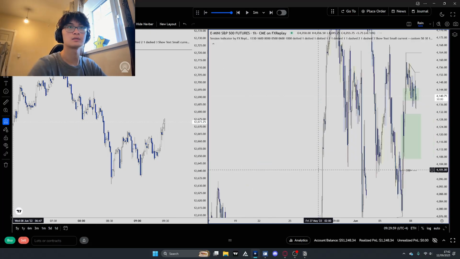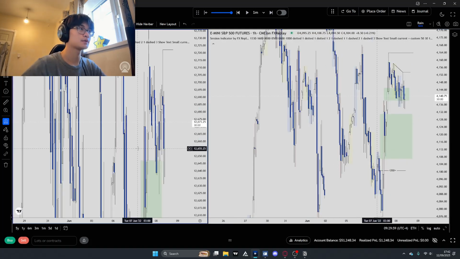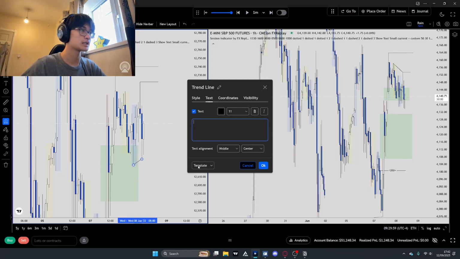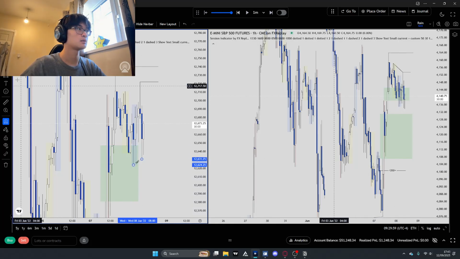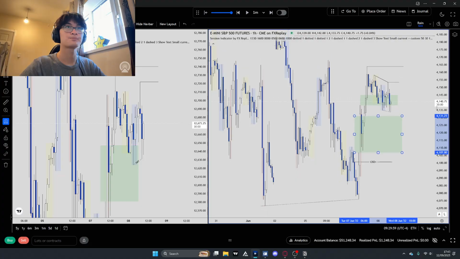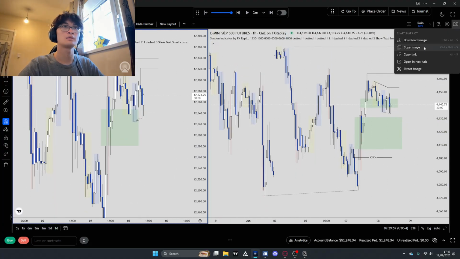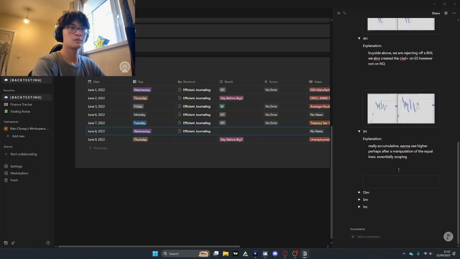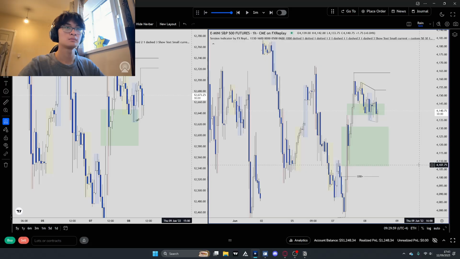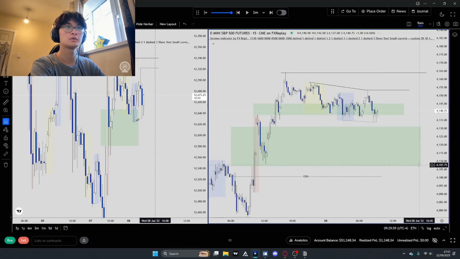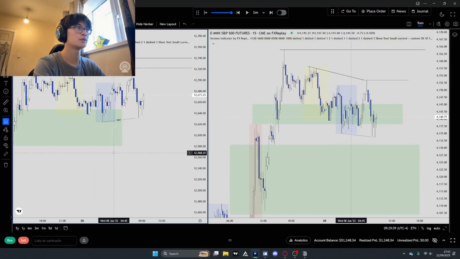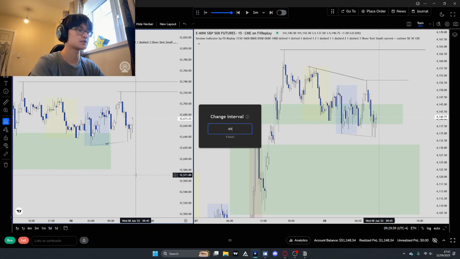Oh wait, yes, it has already swept that. So we actually have SMT at these lows. I want to see that get taken out now. So on the 15, not really much on the 15. Want to see the change happen.